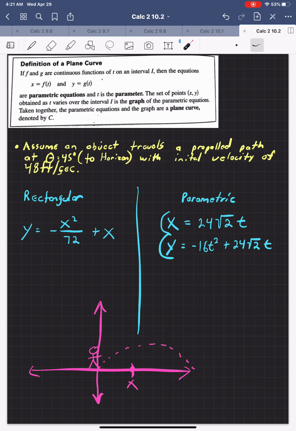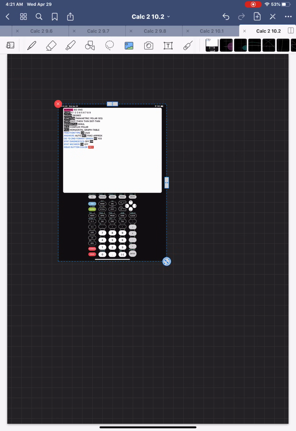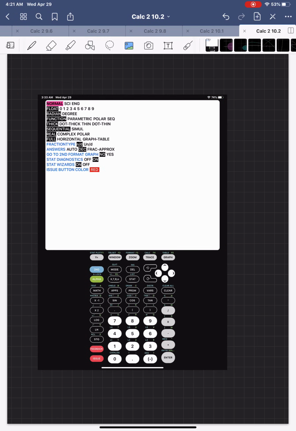So let's actually just jump in. First off, I will go ahead and tell you, on my calculator, at least this free version, I don't quite have all the bells and whistles. But if you go into mode on your calculator and you click parametric right here from the mode section, you can graph parametric equations.